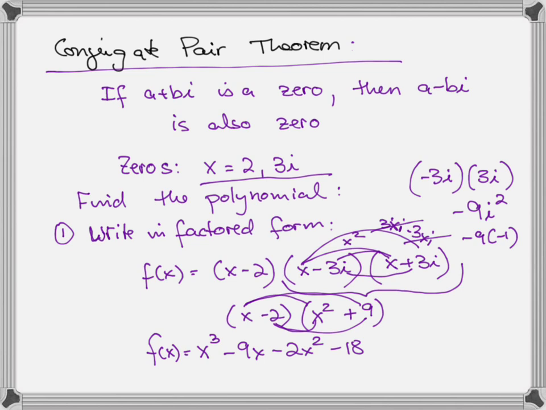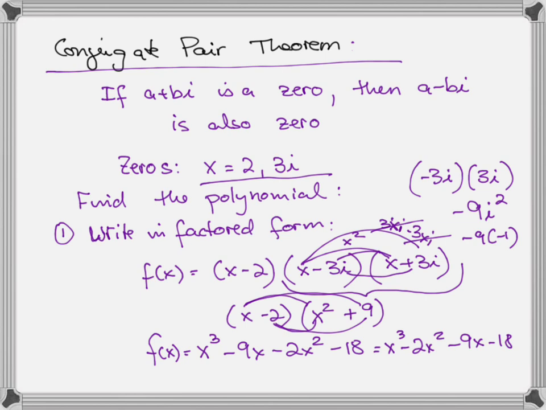You can write it in descending order to make it look pretty: x to the third minus 2x squared plus 9x minus 18. That would be expanded form. Based on the zeros that I give you, you have to write them in factored form and then you multiply.